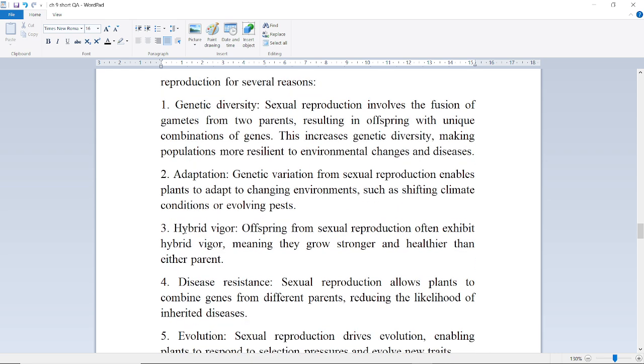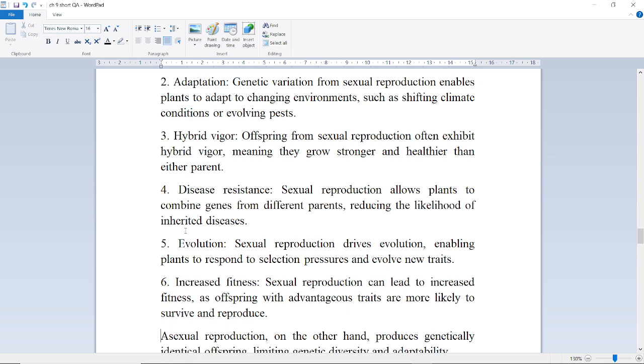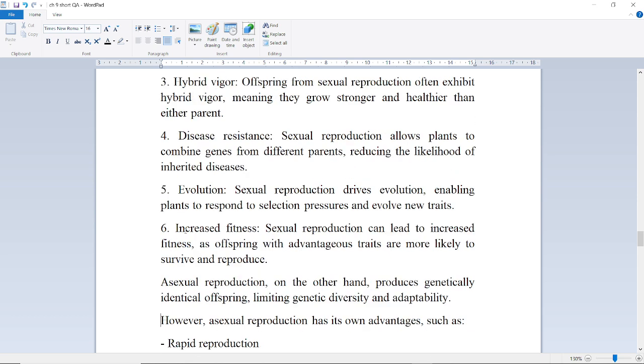Next is disease resistance. Sexual reproduction allows plants to combine genes from different parents, reducing the likelihood of inherited diseases. Next is evolution. Sexual reproduction drives evolution, enabling plants to respond to selection pressures and evolve new traits.